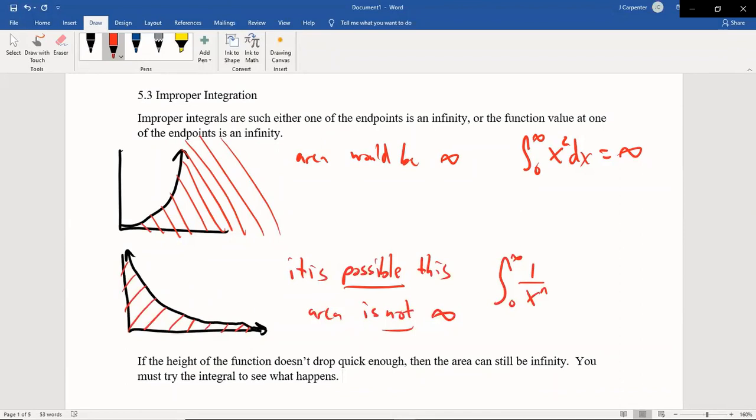But the problem is, how in the world do you plug infinity into a function? You don't. You instead just need to know the behavior of that function at infinity, and guess what? This goes all the way back to the first week of class when we were taking limits.